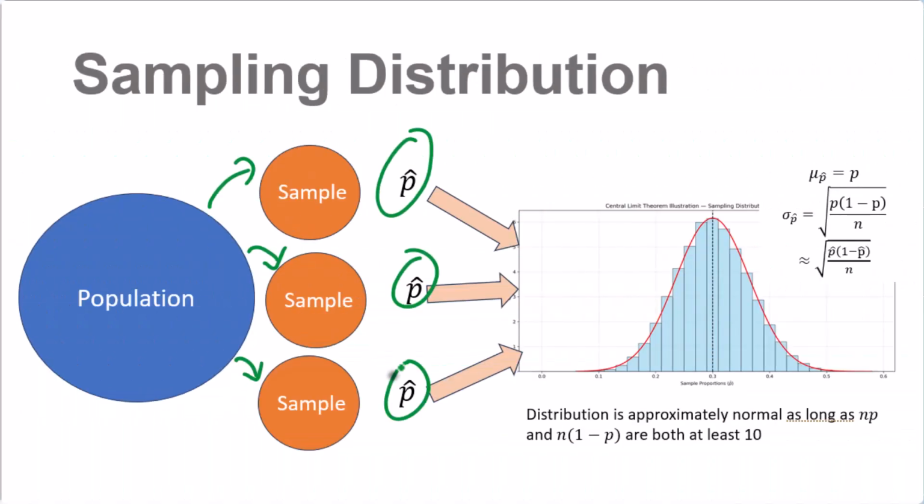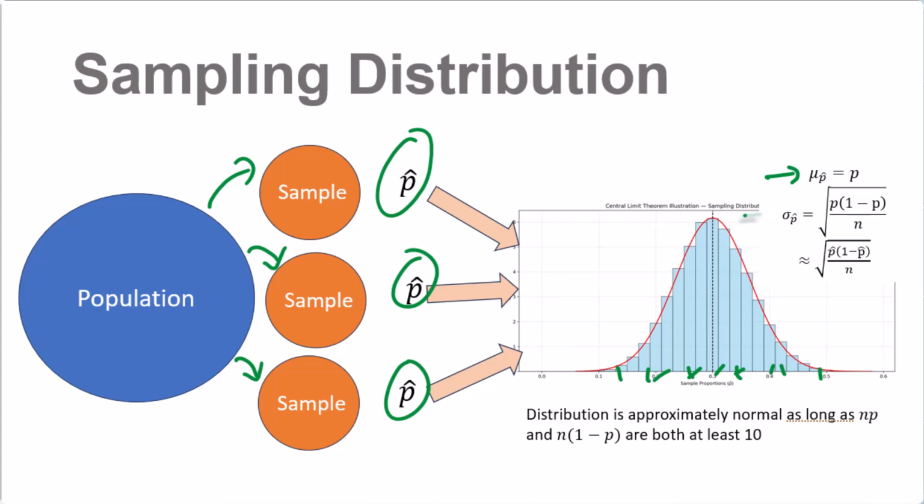What we saw is that these sample proportions, under at least certain conditions, will form a normal distribution where the mean of the sample proportions, this is written as mu sub p hat, is the population proportion. So these sample proportions will be kind of centered around, grouping around the proportion of the whole population, in this case that are full-time students. Some might be a little above, some might be a little below.